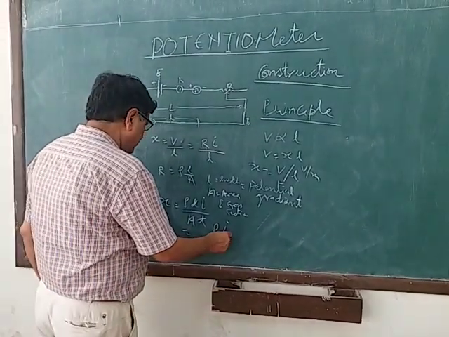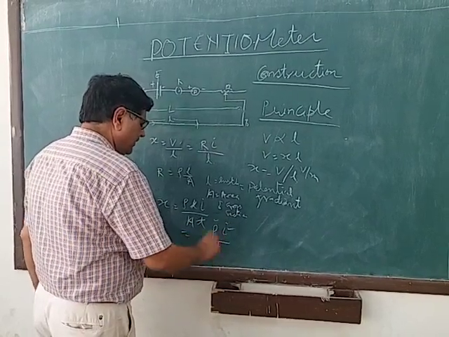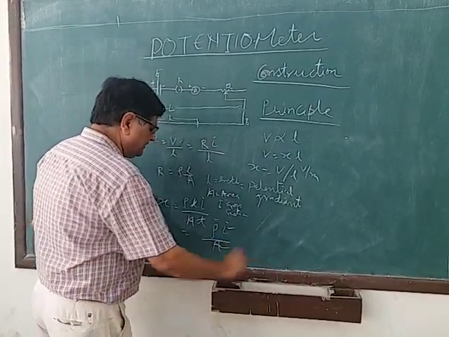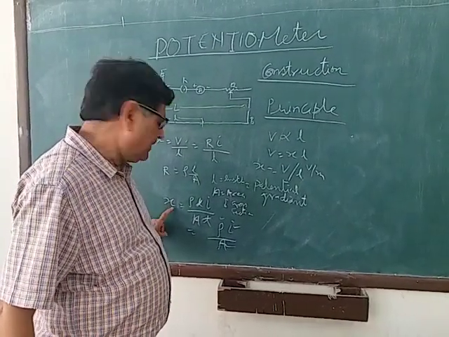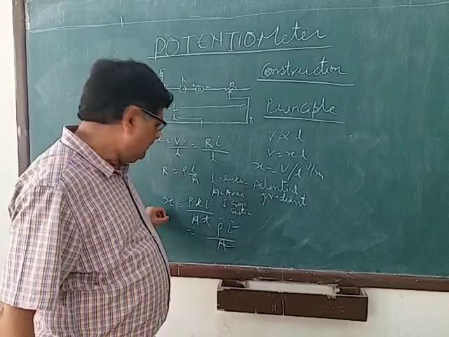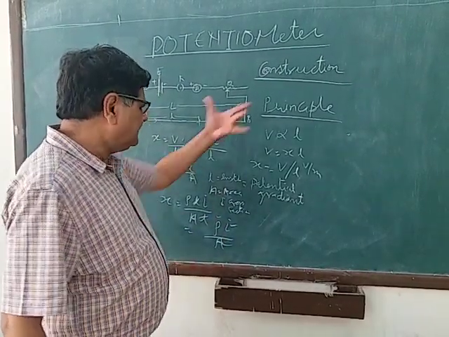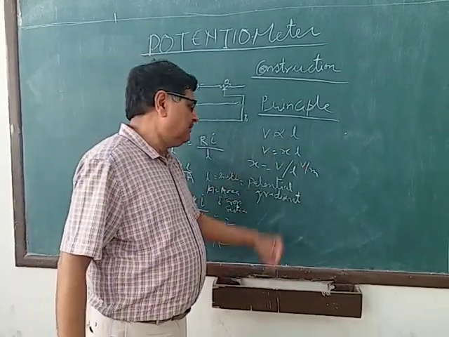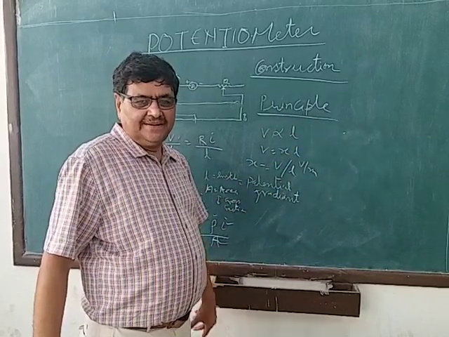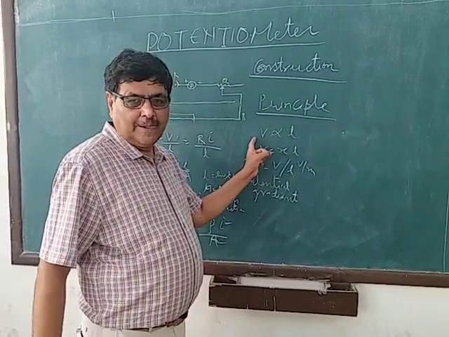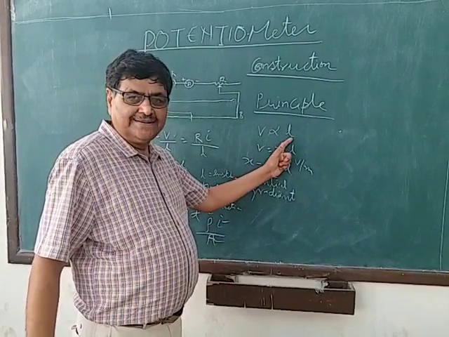And if we keep I also constant, rho is already constant, and if we keep A also constant, then X, the potential gradient, will remain constant. So it will remain constant if I is kept constant. So this is the principle. Again, when constant current is flowing through a conductor, then potential difference across any 2 points of that conductor is directly proportional to its length.